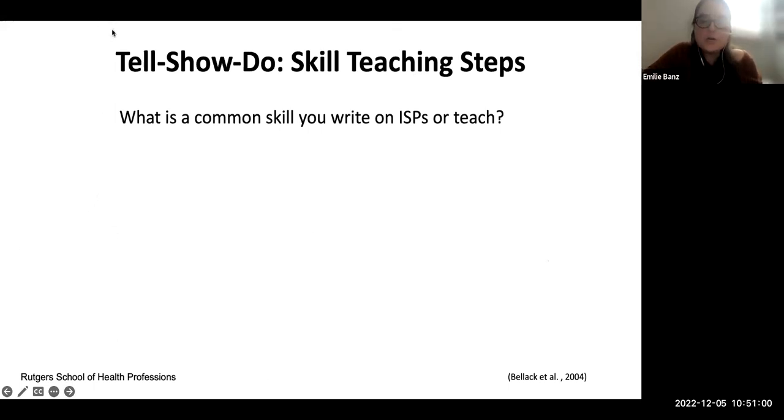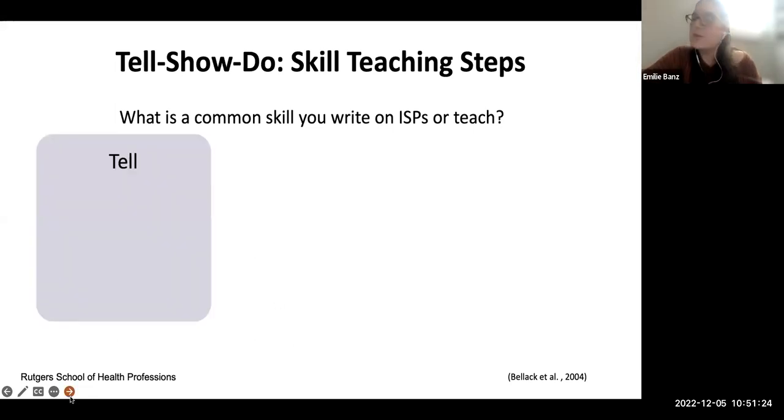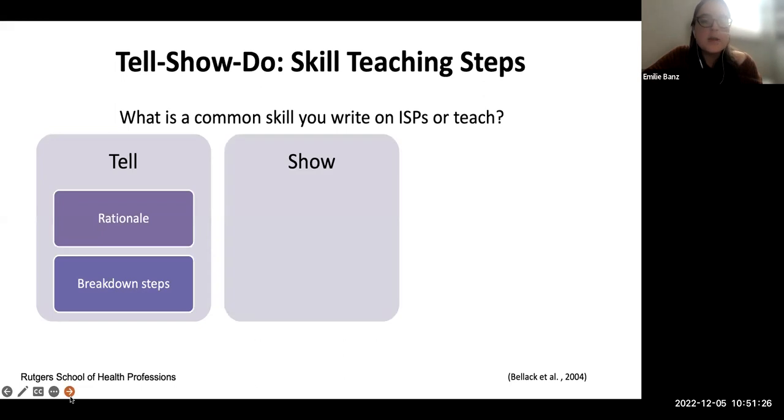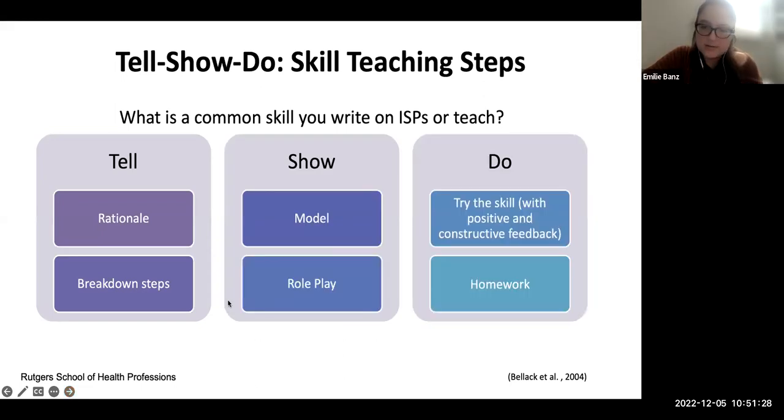Tell, show, do is a technique that I suggest people use when the person maybe already has a good idea of how to use the skill, but maybe they just need a little bit of extra support, or they need help with practicing the skill. And I say this because tell, show, do is 3 simple steps: telling, showing, and doing.